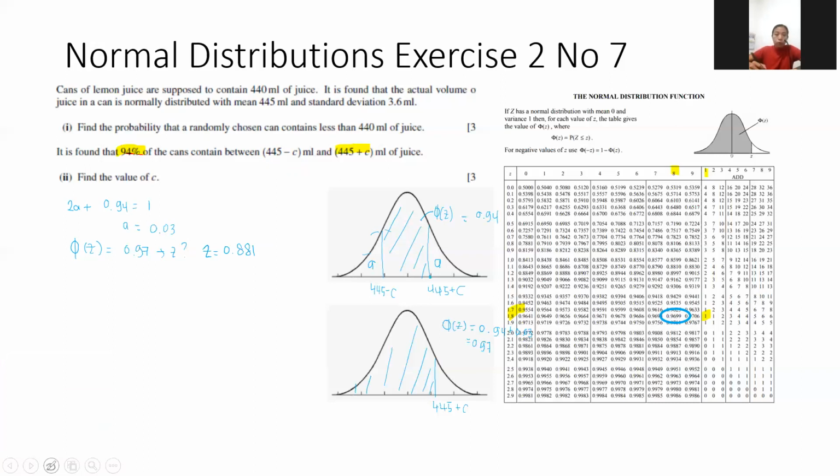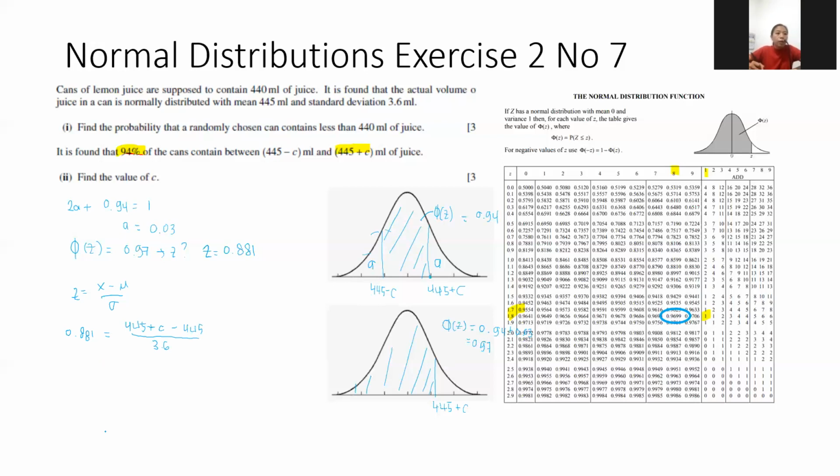Then after this, I can calculate the X value, which is related to the value of C. So the relation between X and Z is the formula of X minus mu over sigma. So Z, which is 1.881, will be equal to X minus 445 divided by 3.6. You can use either X value, 445 minus C or 445 plus C, but it will be better for us to choose this part since this is the positive Z. The sigma and the mean will be the same as in the first part.